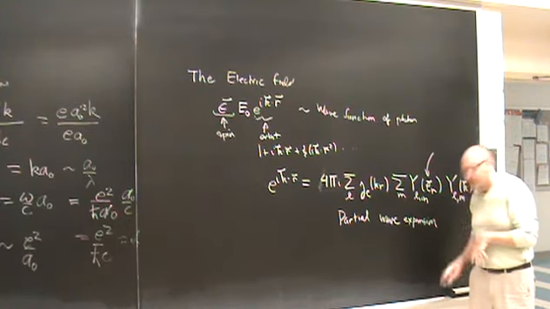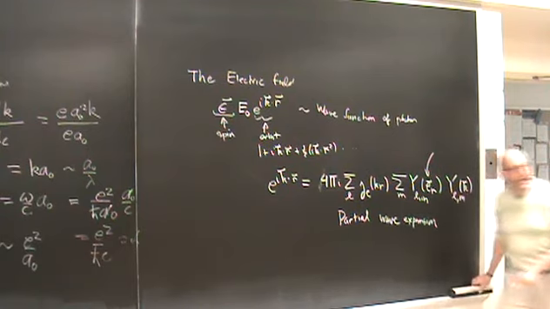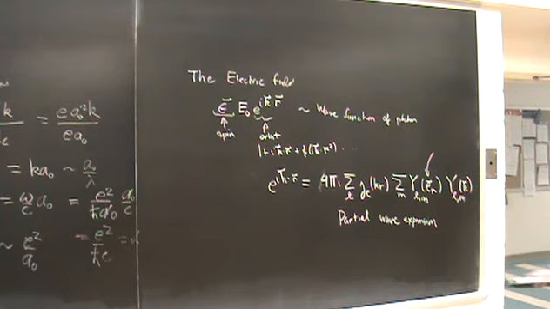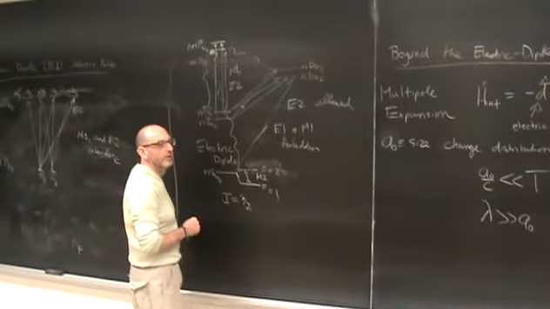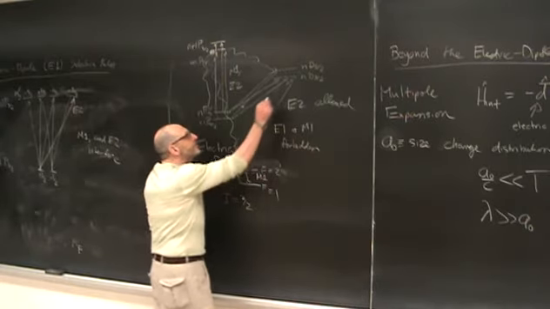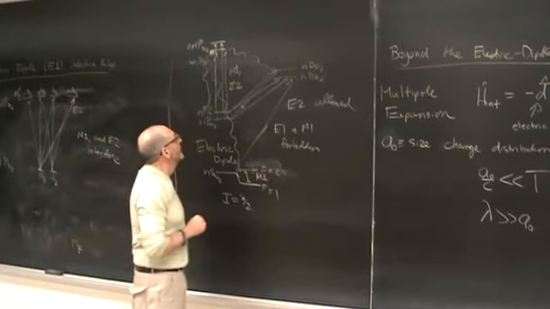And what do I mean by make it so? Well, so for example, let me come back over here. Suppose I wanted to drive this transition as an electric dipole transition.